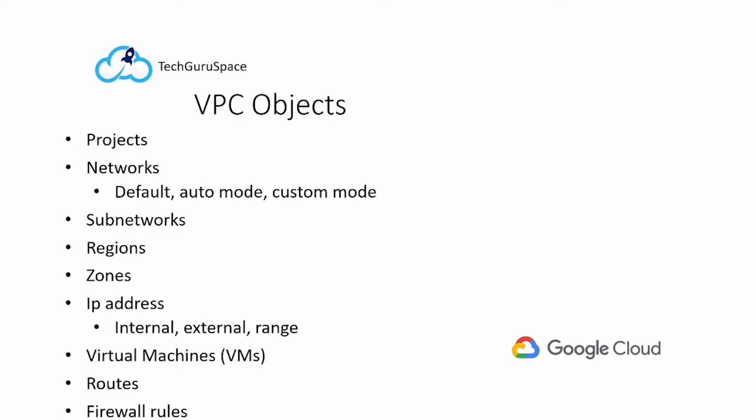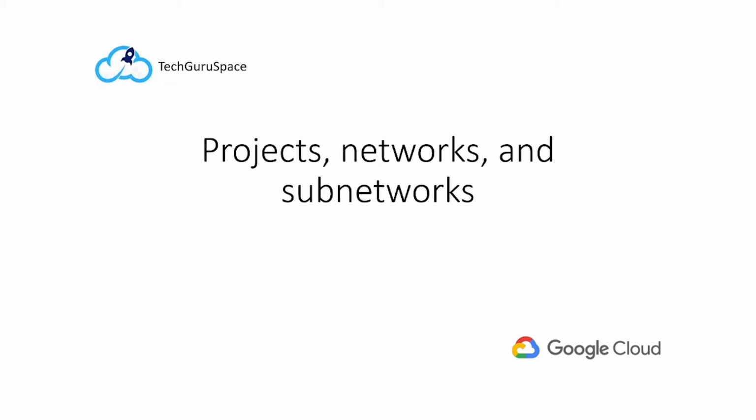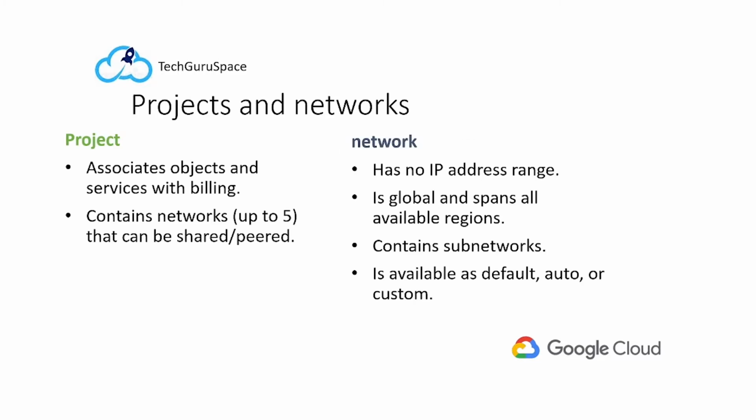Regions and zones represent Google's data centers, and they provide continuous data protection and high availability. VPC provides IP addresses for internal and external use, along with granular IP address range selections. Let's start exploring the VPC objects by looking at the project, networks, and subnetworks.